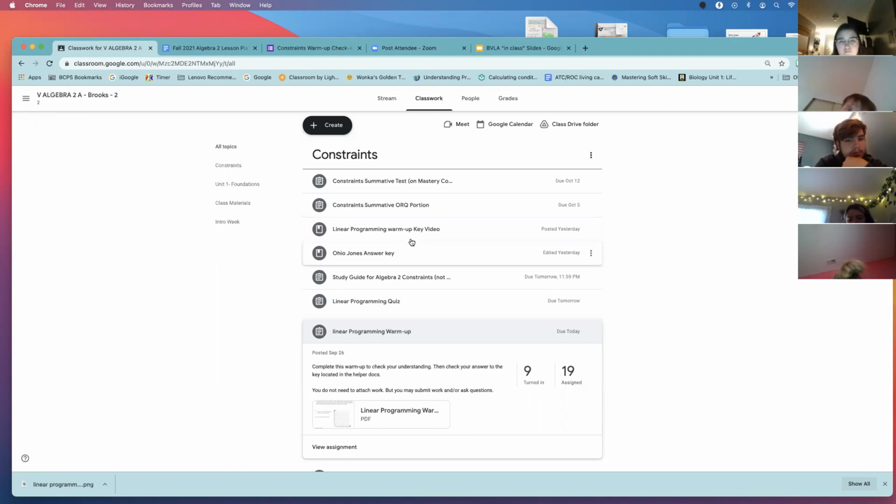There is a key posted in the helper docs where you can see the answer. But I want to make sure you know that if you're just looking at the key, your brain is learning differently and it's not going to stick as well in the long run as when you try it. And if you fail, you might succeed too.